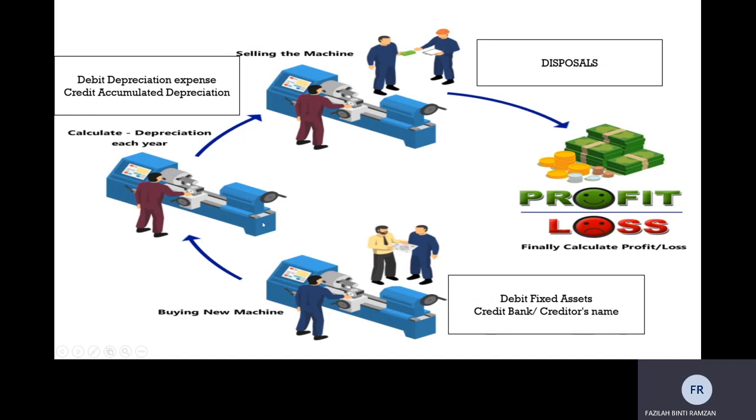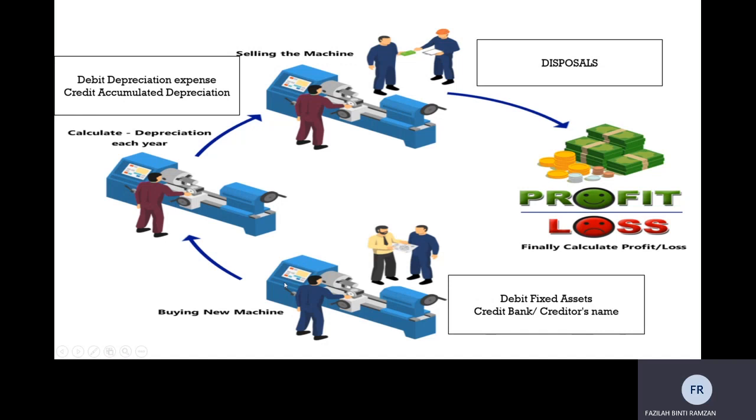Then we use the machine to produce the product. Because when we produce a product, it generates revenue.